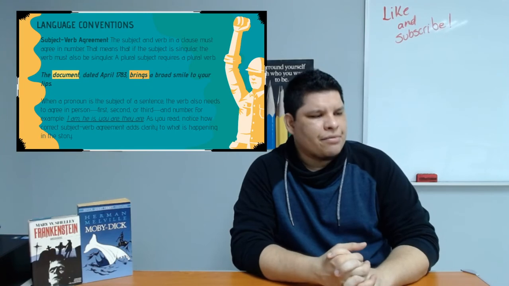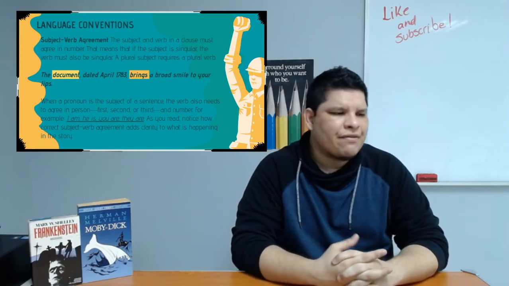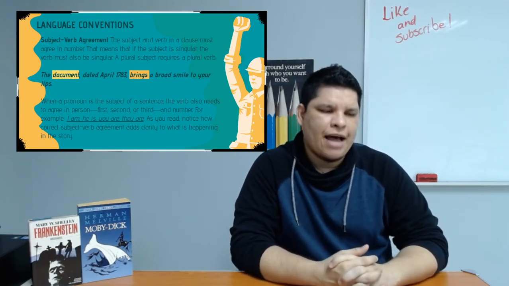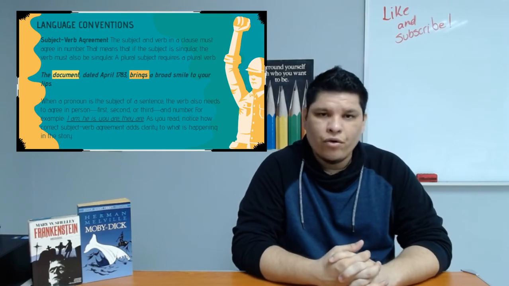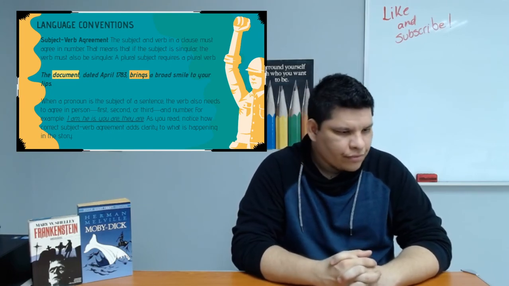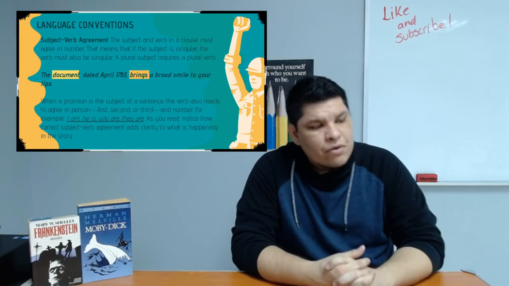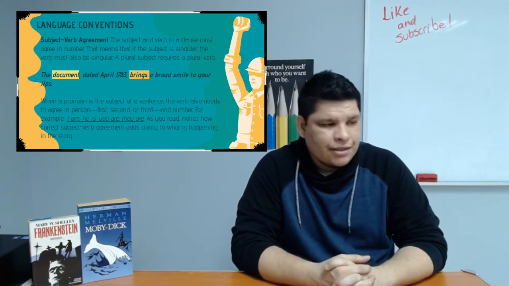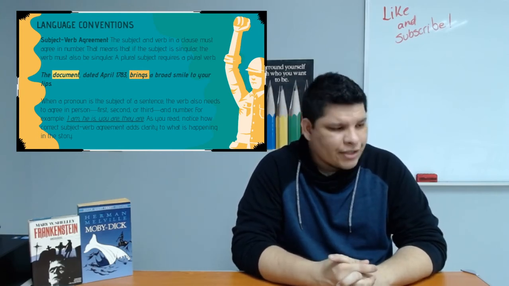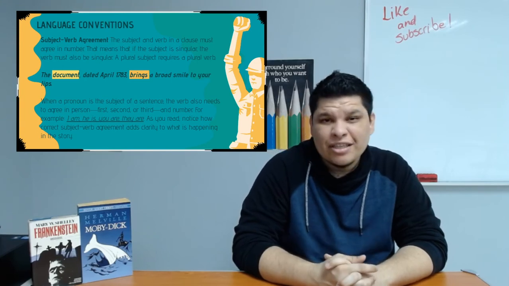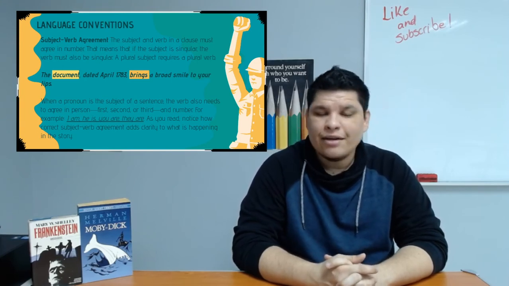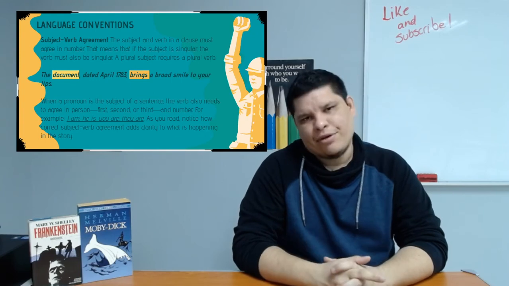It says, the document dated April 1783 brings a broad smile to your lips. When a pronoun is the subject of a sentence, the verb also needs to agree in person, first, second, or third, and number.